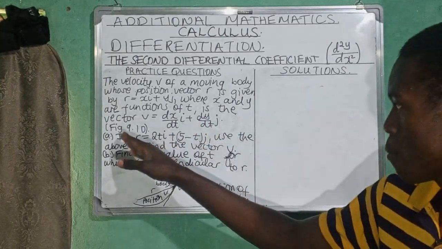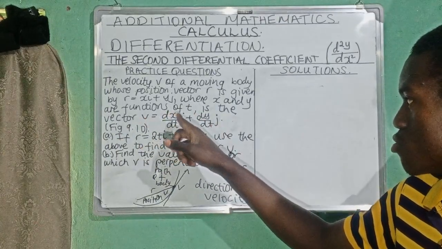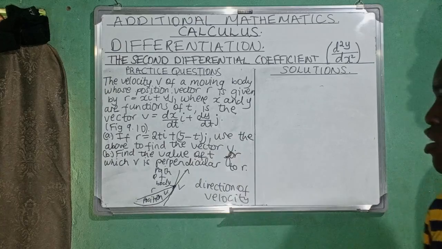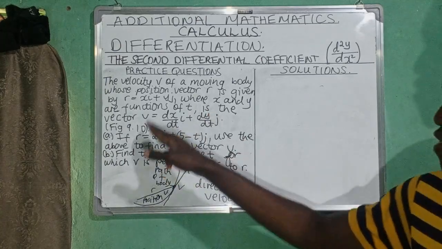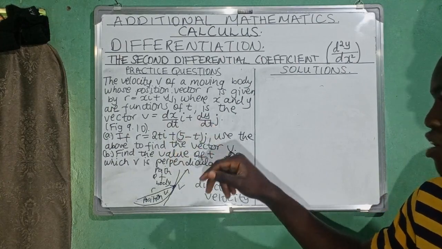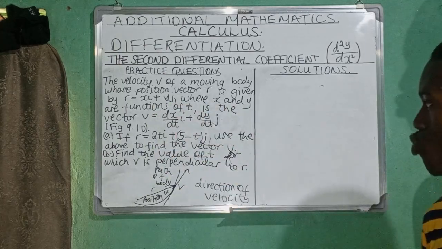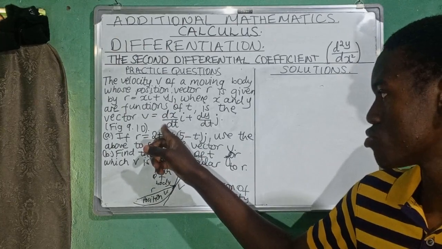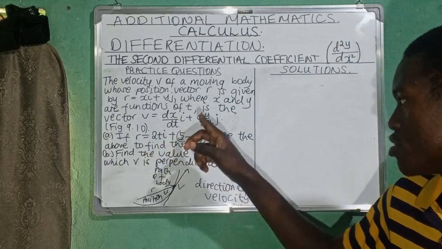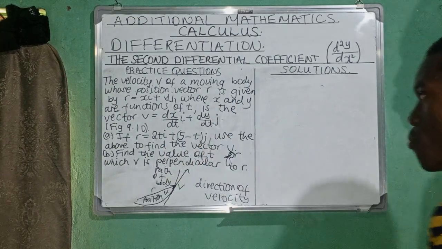The velocity is the vector v equals dx/dt i plus dy/dt j. Remember, they are saying x and y are functions of t. So when you differentiate x with respect to t, you're going to have your dx/dt, and then you differentiate y with respect to t, you're going to have your dy/dt.